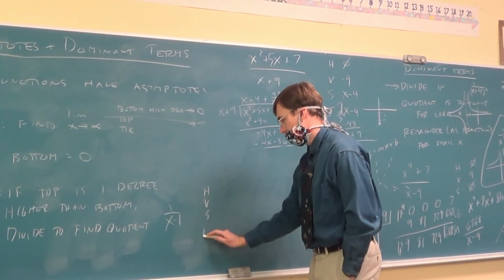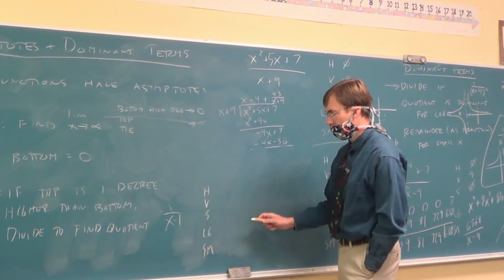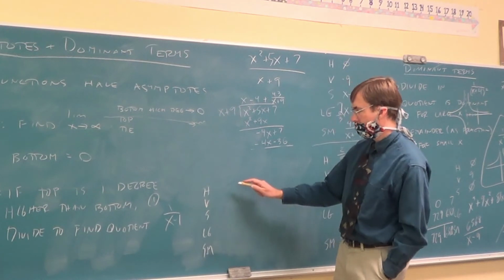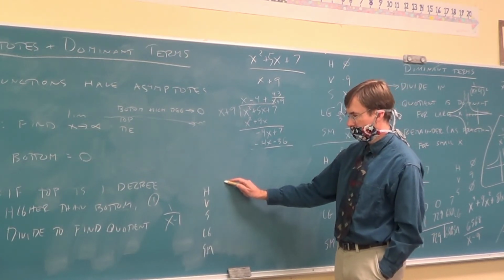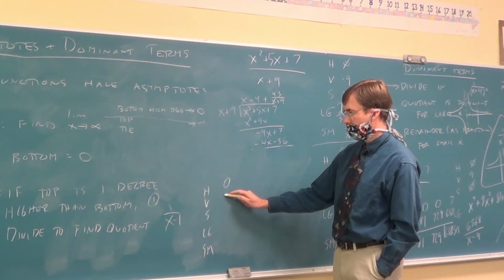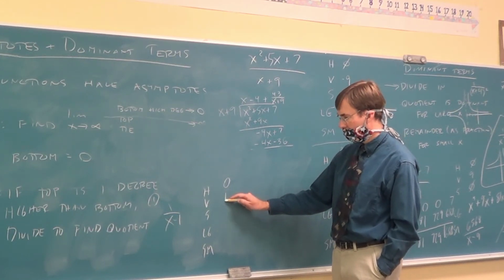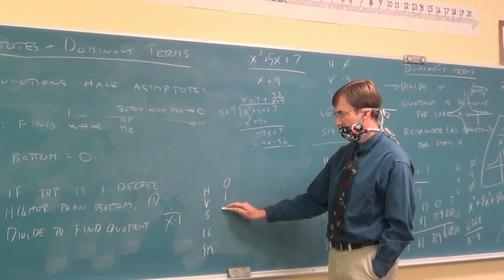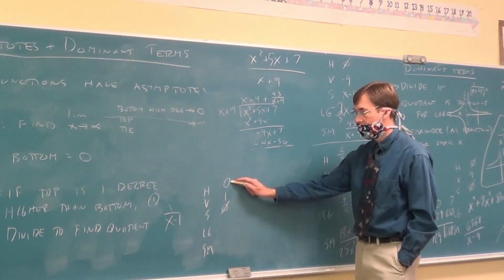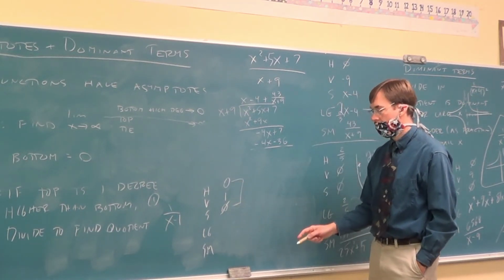Horizontal, vertical, slant, large, small. So number 1, straight out of the horizontal: zero. Vertical: 1. Slant: no. The top isn't 1 higher than the bottom, and if we have horizontal, we can't have slant.